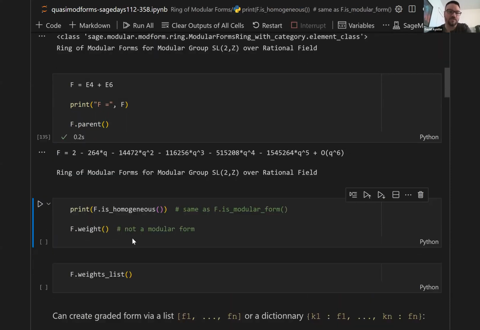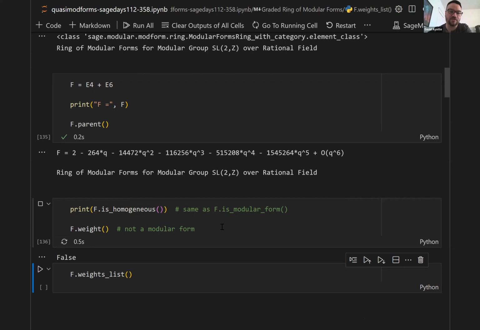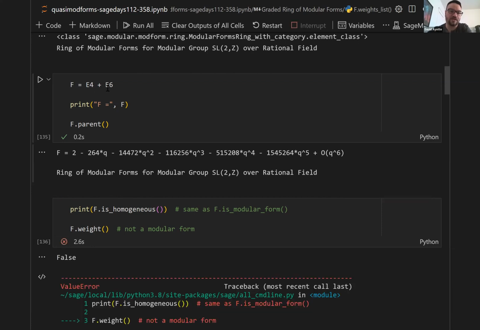We can now sum two modular forms like this. And now I want to stress again that the sum of two modular forms is not a modular form. We can verify this with SageMath too. For example, I summed E4 and E6 here, but E4 plus E6 is not a modular form.